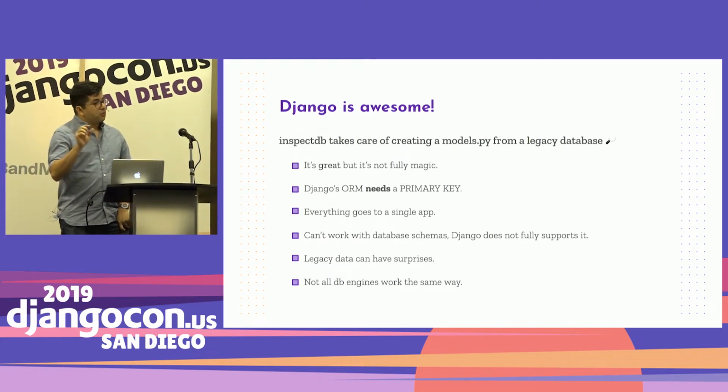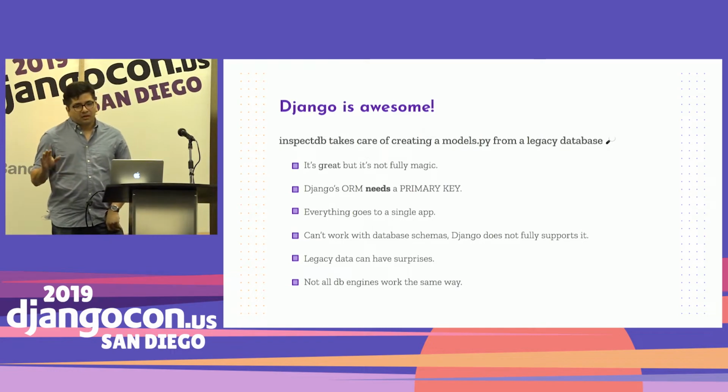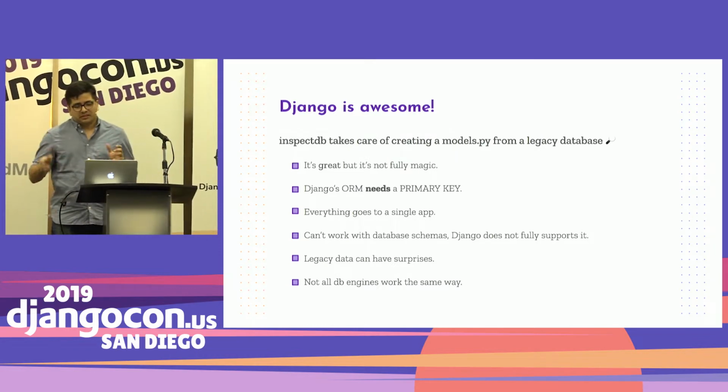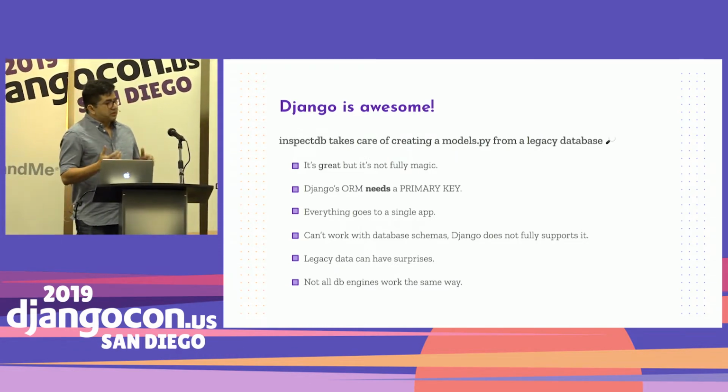You can just inspect one specific table, but in this case, for this talk, I will be doing a migration from WordPress to Django. So I wanted to get the whole WordPress database that is small enough so we can digest it in this talk. And it's a good example of what we are going to do in the future.